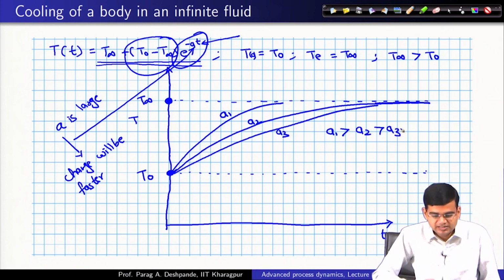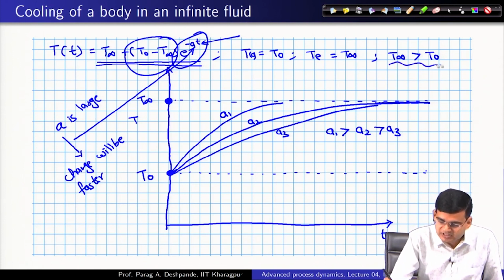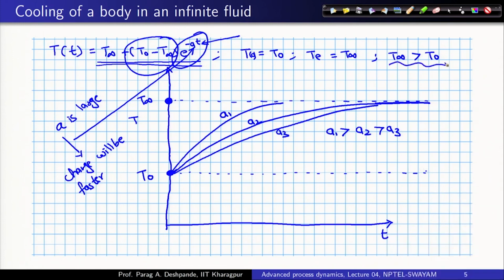Okay. So, this is the phase portrait for the system, but this corresponded to a situation where T infinity was greater than T 0, which means that you dropped your body in the oil bath or a reservoir which was at a temperature greater than the initial temperature of your body. Let us see if we can do this in a reverse manner.